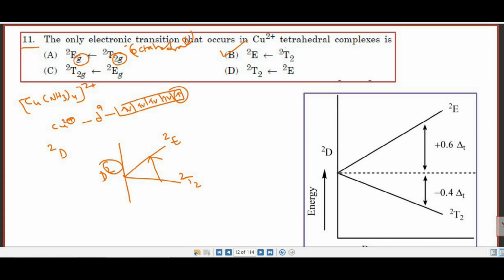In a tetrahedral complex, from d1 to d9, you should not mention the term g. The g will not come. Only absorption from T2 to E. Option B is correct for the tetrahedral complex. Option A is correct for the octahedral complex.